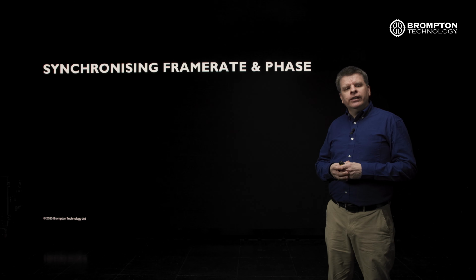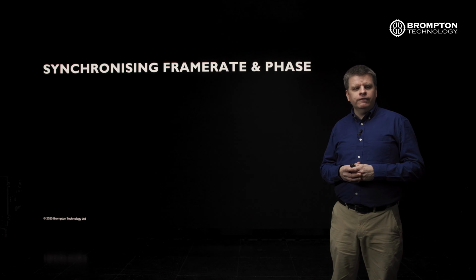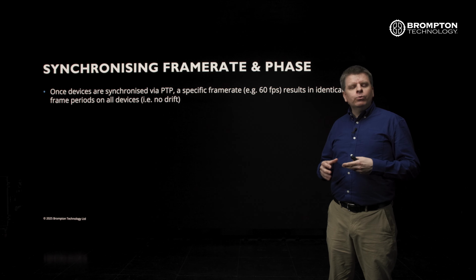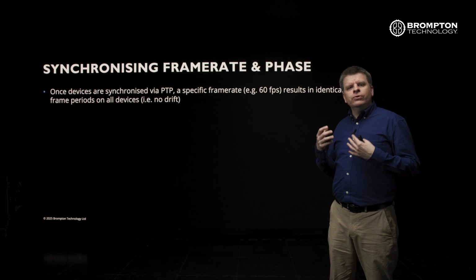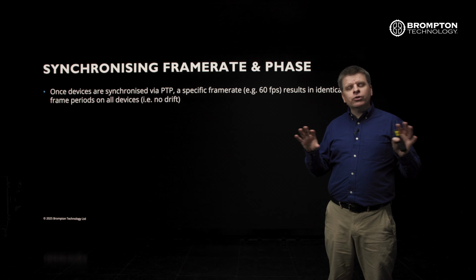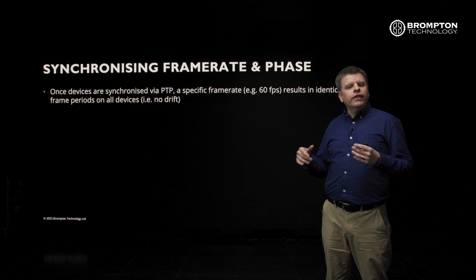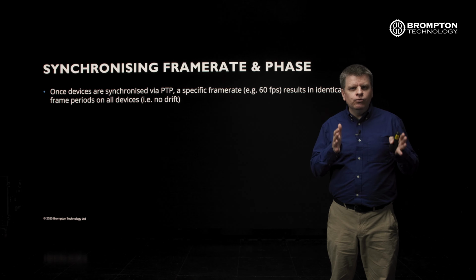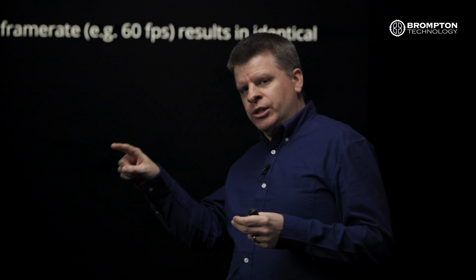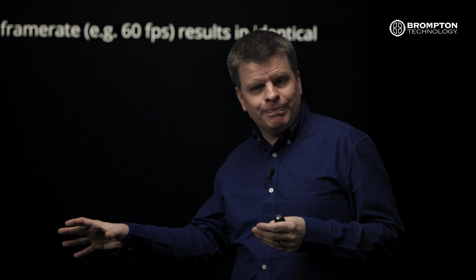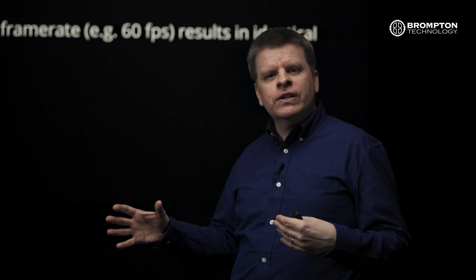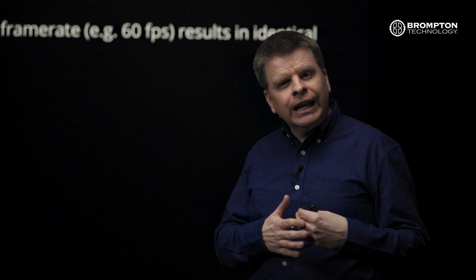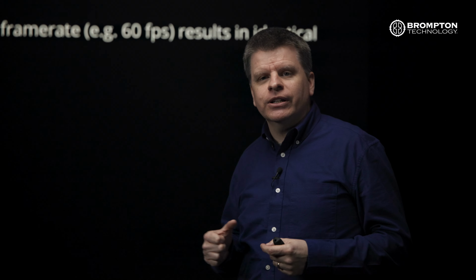How do we use this then to synchronize frame rate and phase? Well, we've said that PTP is used to synchronize the exact time across all of our devices. And that means that we're going to agree what the time is right now, but we're also going to agree what the time is in a moment. And what that means is that we are also agreeing how fast time is advancing.